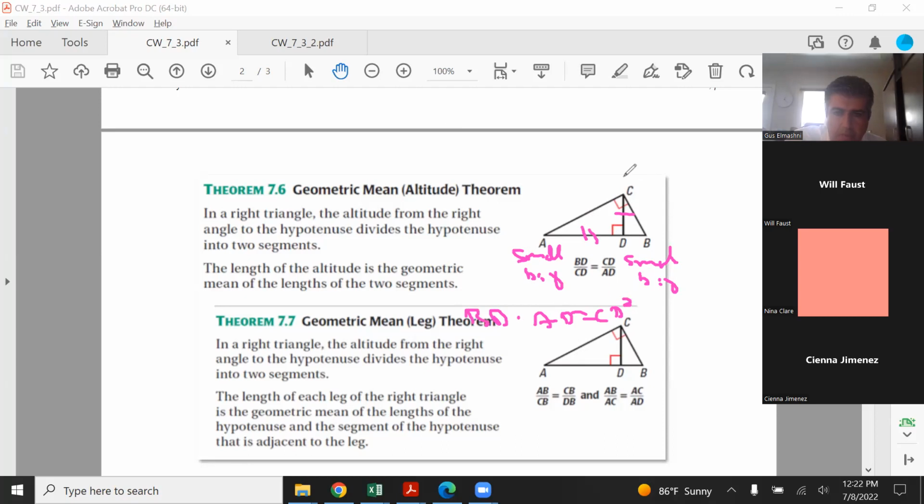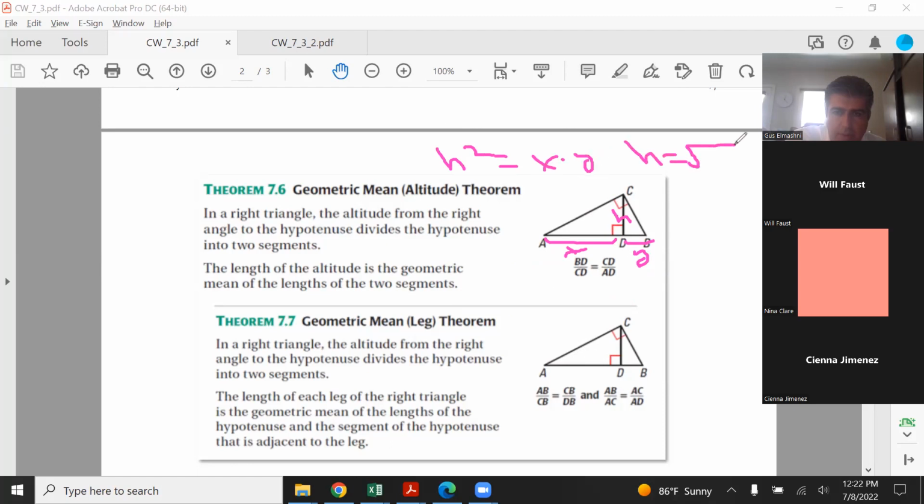Or what you could do, if you call this X, this Y, and that H, then H squared equals X times Y, where H is the square root of X times Y. And that is called the geometric mean. When you multiply two numbers and take the square root. So those are the ways of looking at it.